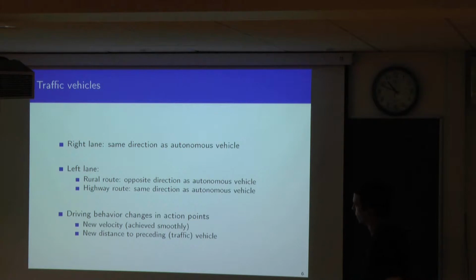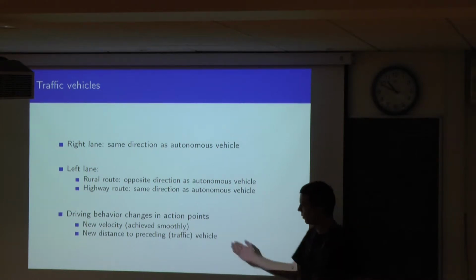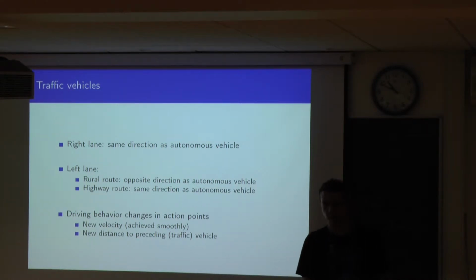And we can set velocities and the distances to the preceding vehicle for these traffic vehicles, and these change in the control action points. So at each action point, we can set a new velocity, which is achieved smoothly, and a new distance to the preceding traffic vehicle.